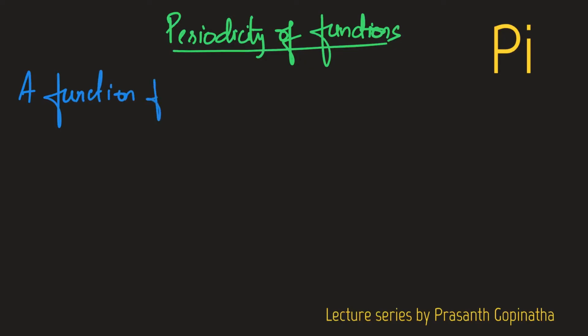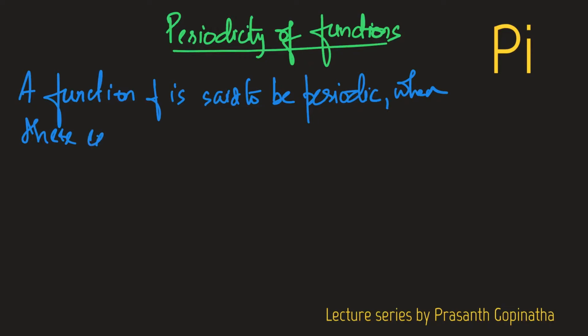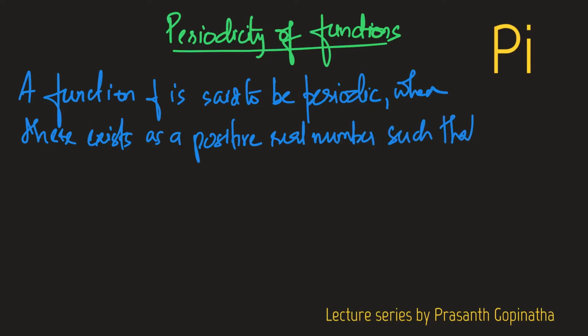A function f is said to be periodic when there exists a positive real number t such that f of x plus that real number t gives the same value f of x.